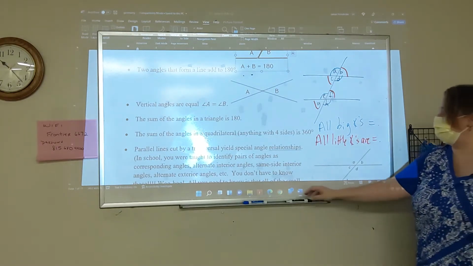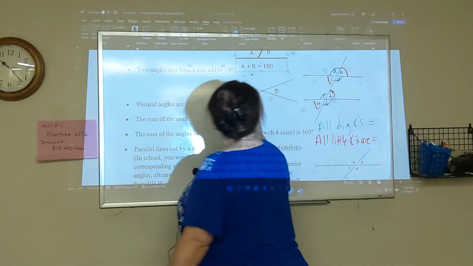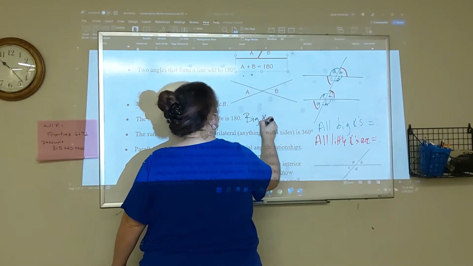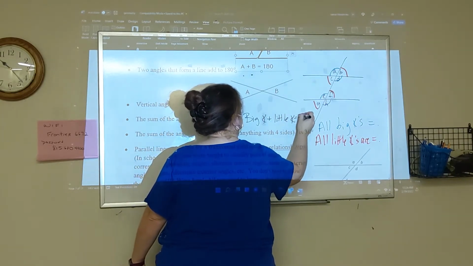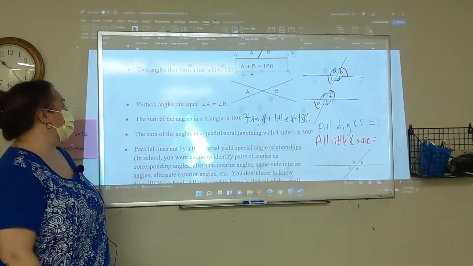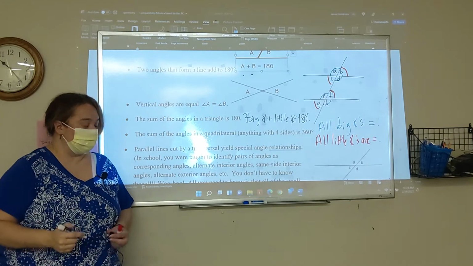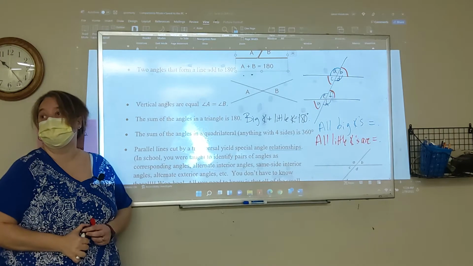The last thing you need to know about this picture is that any big angle plus any little angle equals 180 degrees. Okay, any big plus any little equals 180. Those are the three things you need to know about that picture. That's it. You don't care about anything else.